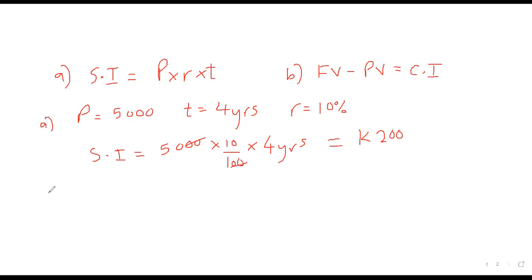Our compound interest will require us first to find the future value. Our future value is given by present value times 1 plus r to the power t, where our present value in this case is 5,000, and our interest rate is 10%.